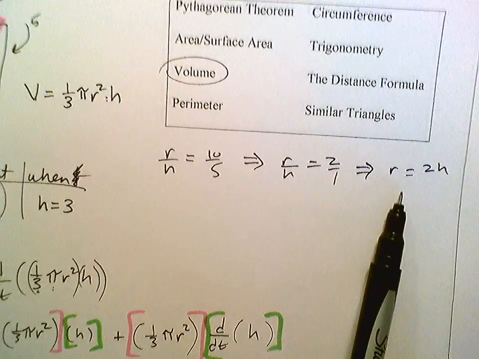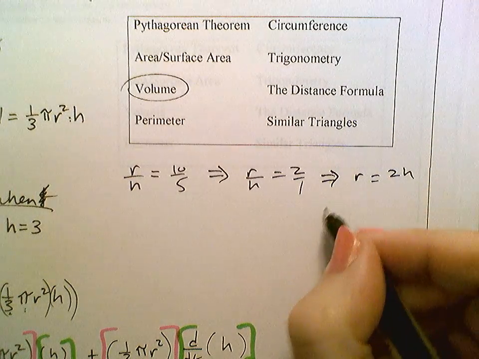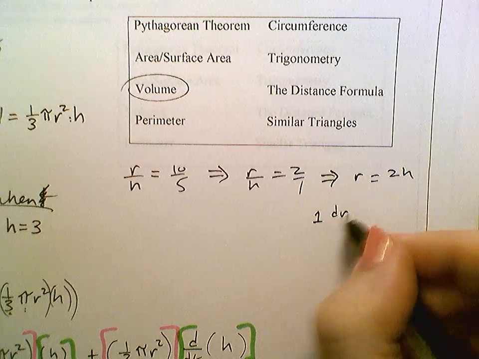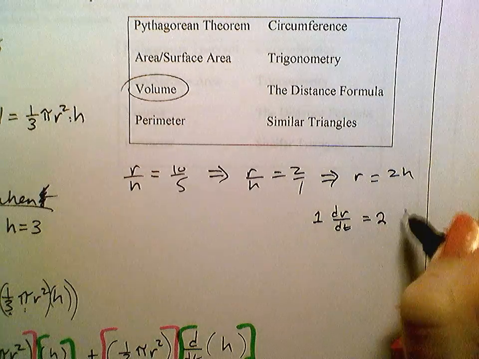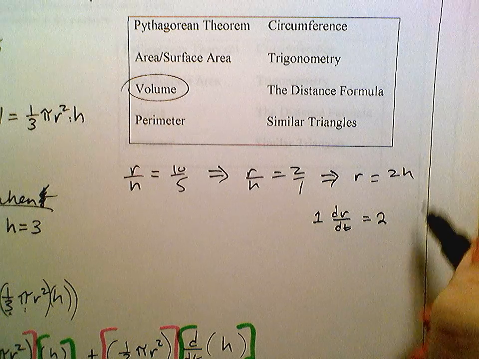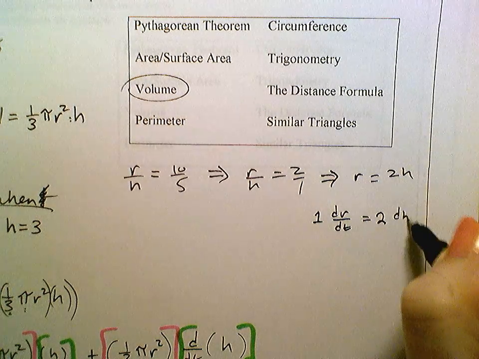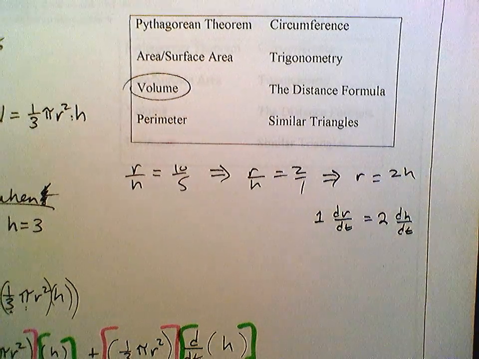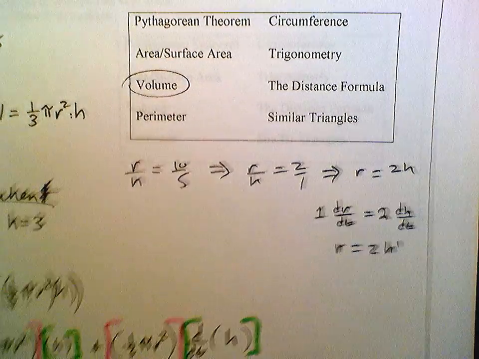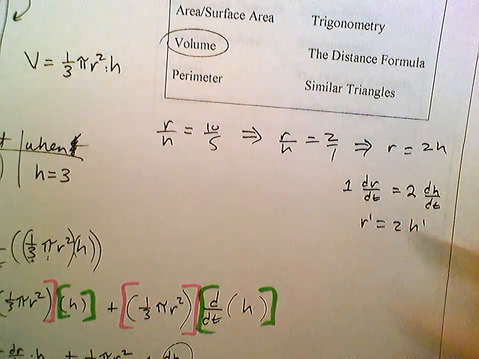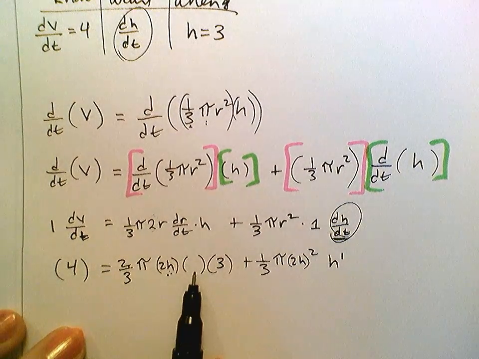Since I've got this second equation, I can do implicit differentiation on it. The derivative of r is 1, dr dt, equals the derivative of that, which is 2 dh dt. So I've got that r prime is 2h prime. I can plug that in where there was the r prime right there.